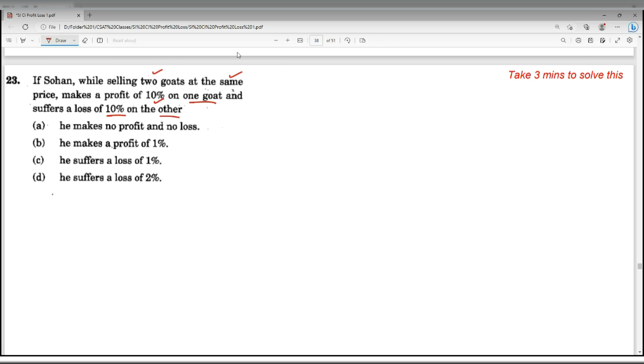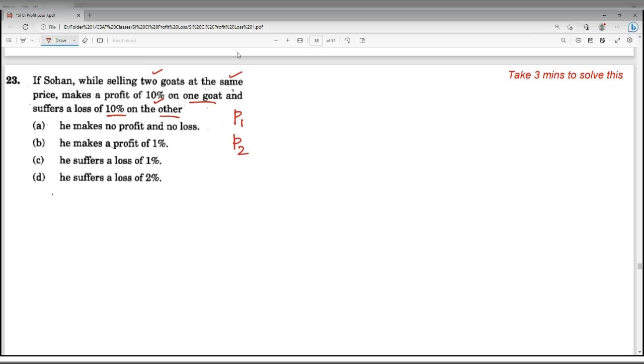So what they are saying is, if Sohan is selling 2 goats, one goat he's selling at 10% profit. So let the cost price of one goat be P1 and the cost price of the second goat be P2. Let that goat be P1.